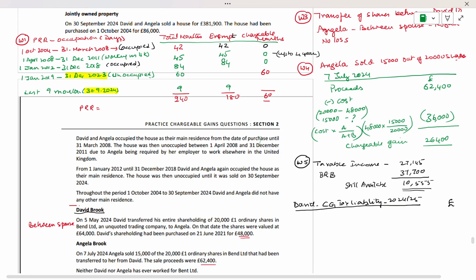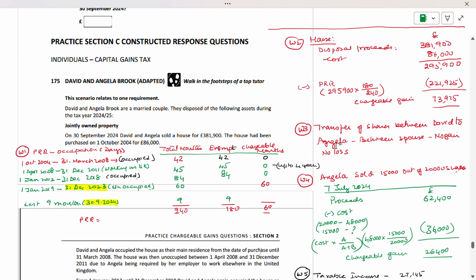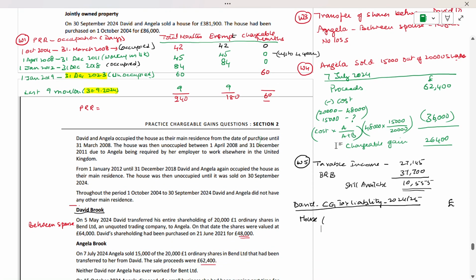House total is how much? 73,975. 73,975 divided by 2 comes to how much? 36,988. Anything else?